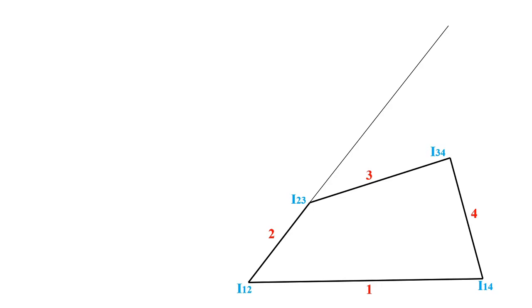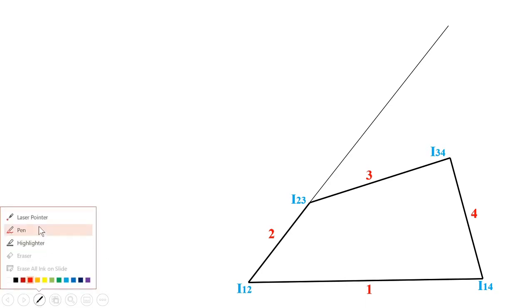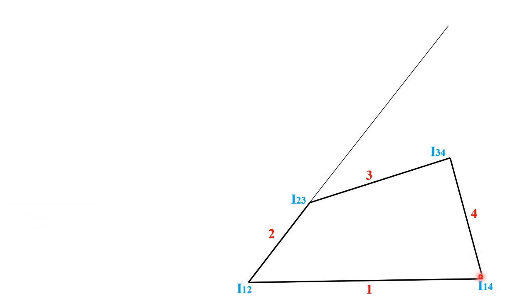This is a line joining I12, I23 and I13. Similarly, another line will join I14, I34 and I13. Clear? Now you got it. That is how we locate it.